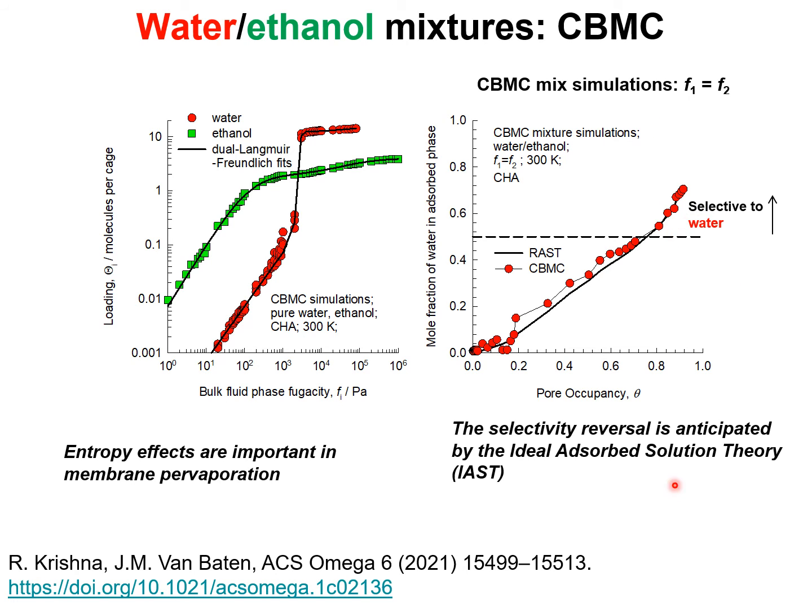So entropy effects are of vital importance in the modeling and design of membrane evaporation units. It's also important to note that the selectivity reversal in favor of water is anticipated by the ideal adsorbed solution theory.